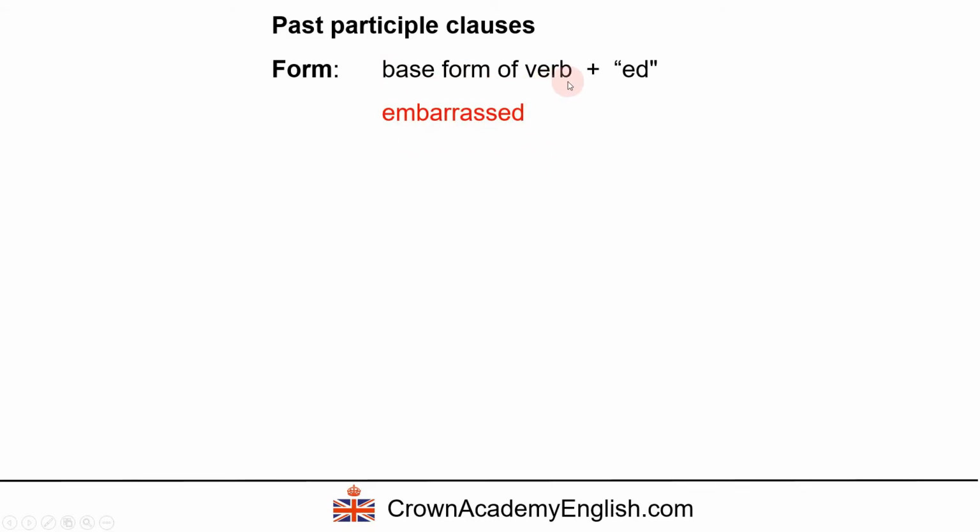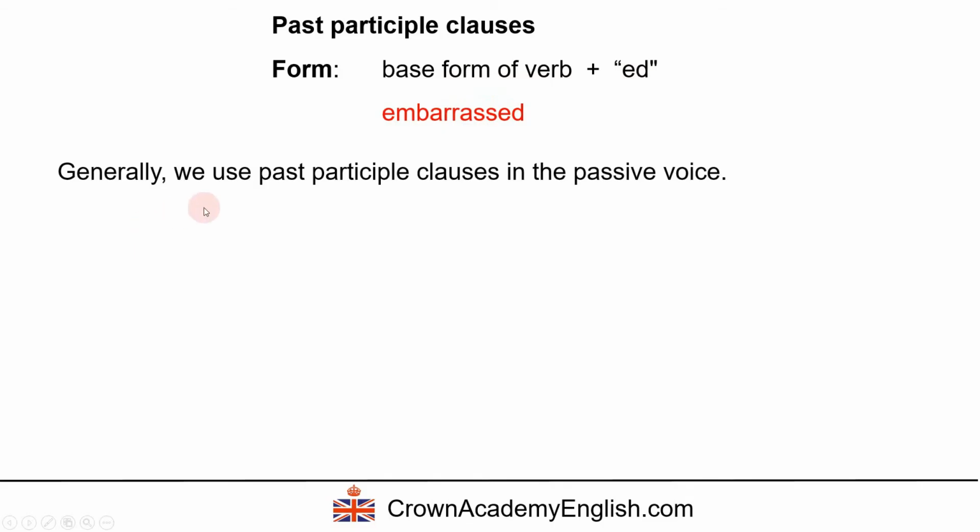The base form of the verb is embarrass, and therefore the past participle is embarrassed. And generally we use past participle clauses in the passive voice. And let's look at the uses of past participle clauses.